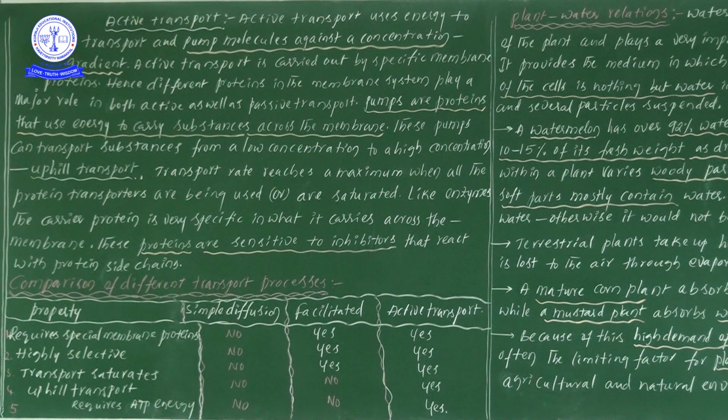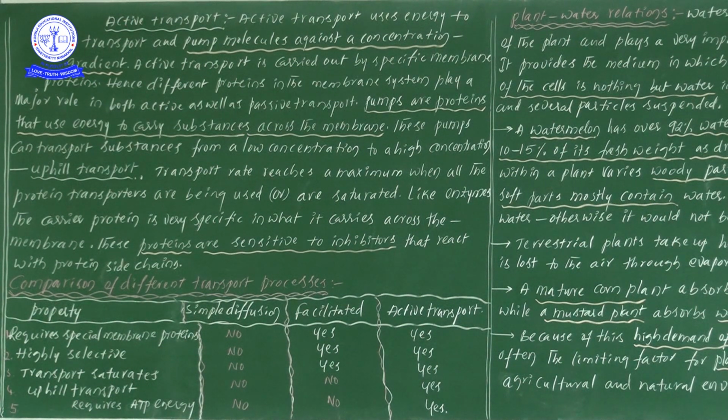In these two cases, which one is active and which one is passive? Can you guess? The first one, when we are using the power or the motor, that particular process we can term as active.